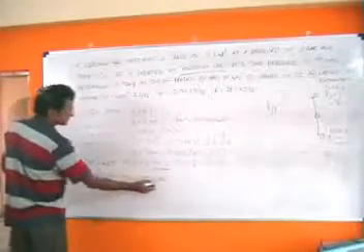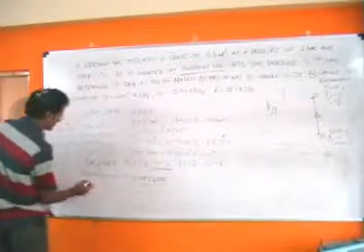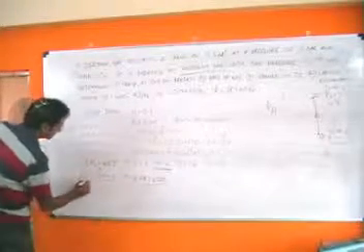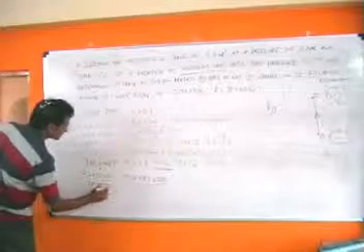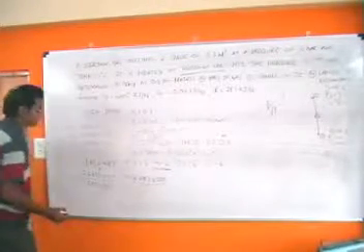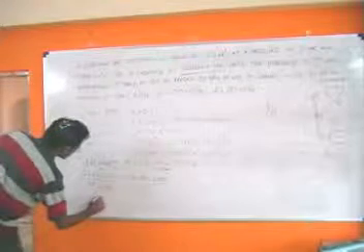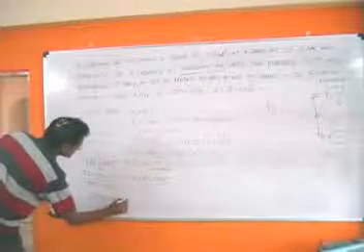Now in order to find this value, we get 0.2 divided by 287 into 350. So this gives us the value of m as 0.597 kg.